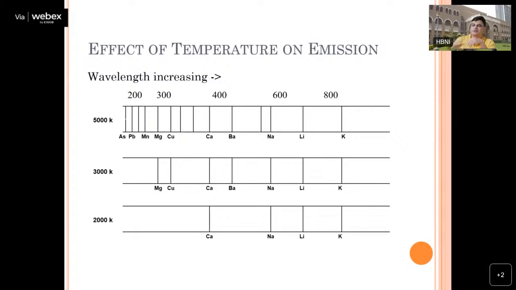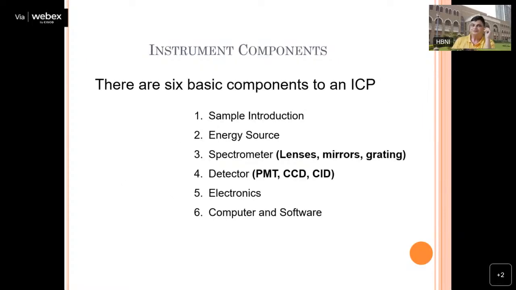At low temperature there are only a few atoms. When we increase the temperature, the number of atoms with emission lines increases, and when we reach about 5,000 Kelvin, the number of atoms will further increase.